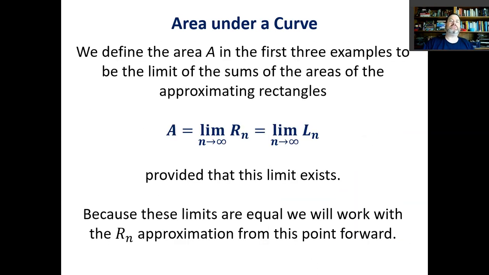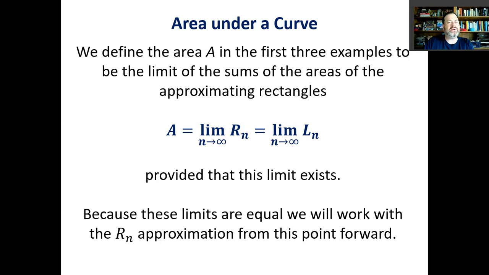So it turns out, because these numbers are approaching the same value, that is how we're going to define the area. The area is the limit of the sums of the approximating rectangles. So what we have here is basically a squeeze theorem type of thing, right? Because both of these things are approaching the same value, the midpoint approximation is also in there.